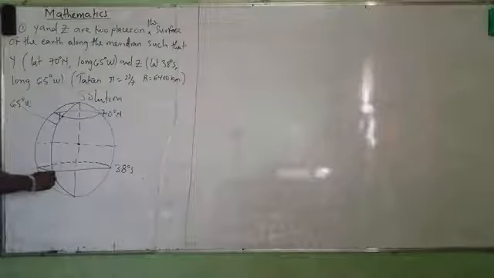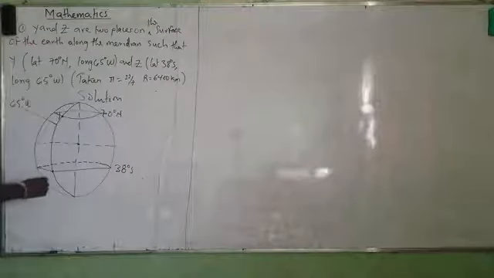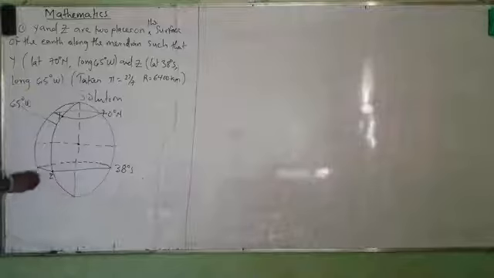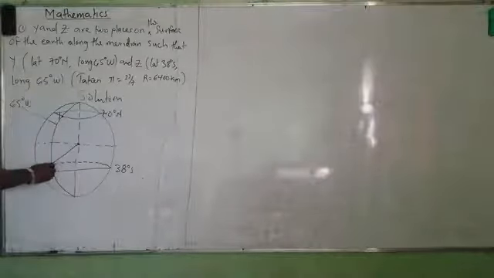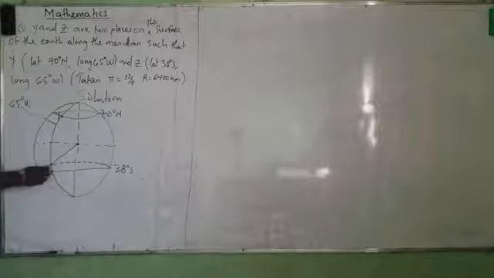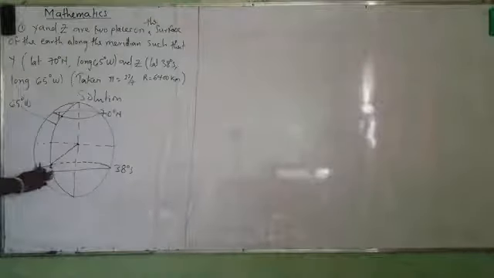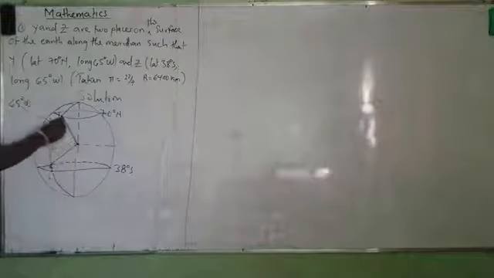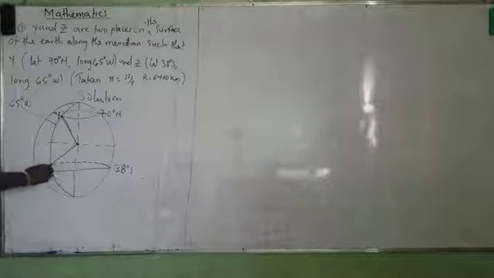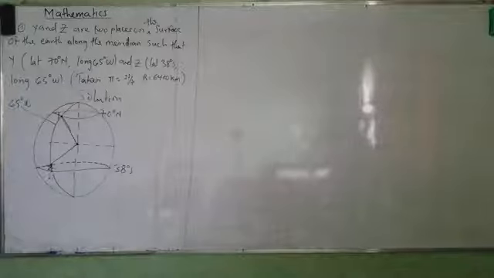Here will be what we are talking about, which is going to be Z. Now you are looking for the distance. Can you see? That is the distance we are talking about, and it's not hard.